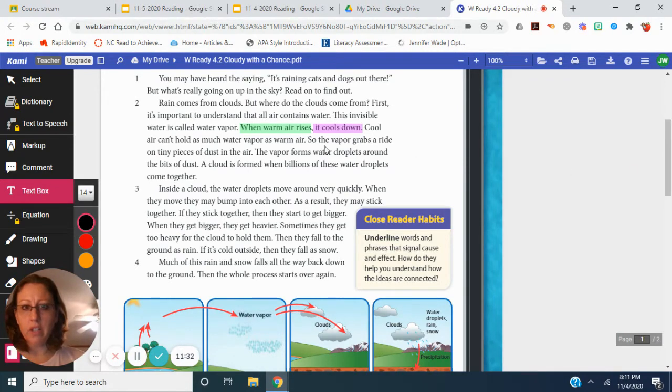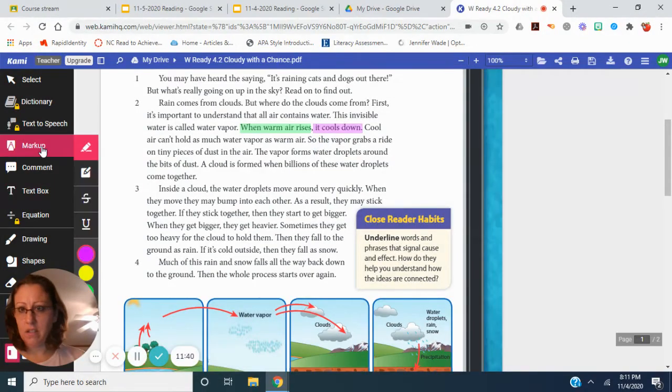Okay, so here's our effect. The vapor grabs a ride on tiny pieces of dust in the air and forms droplets around the bits of dust. We need our cause.